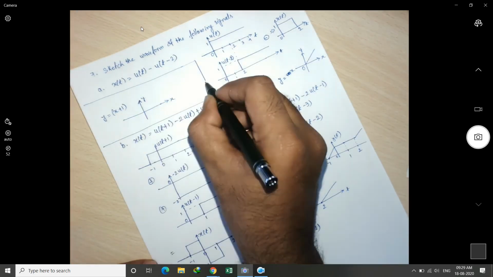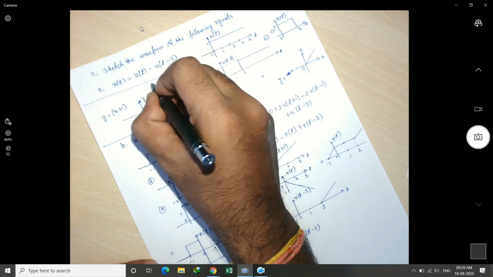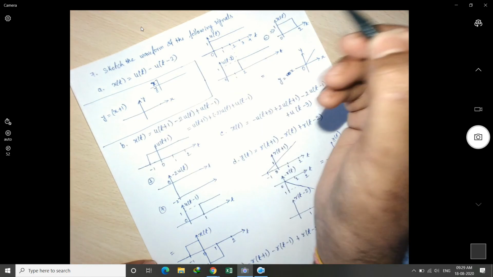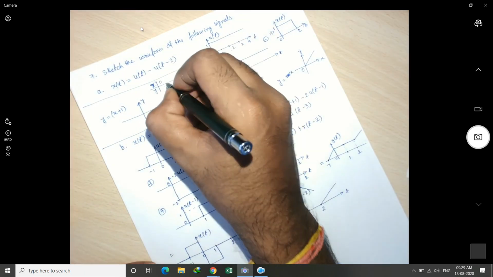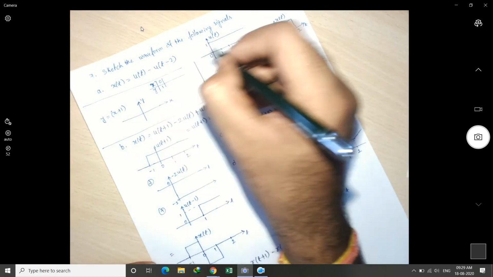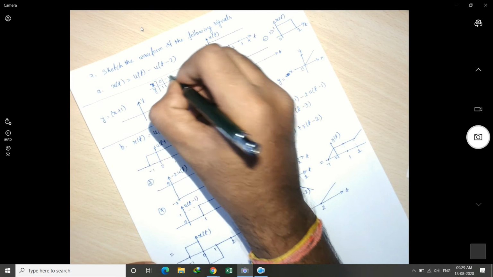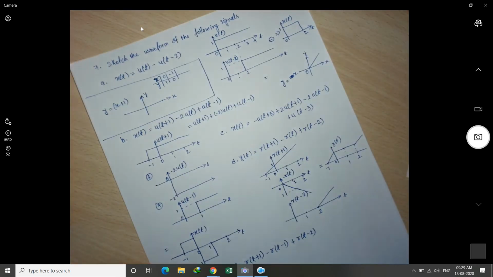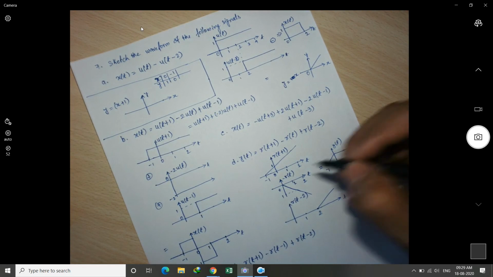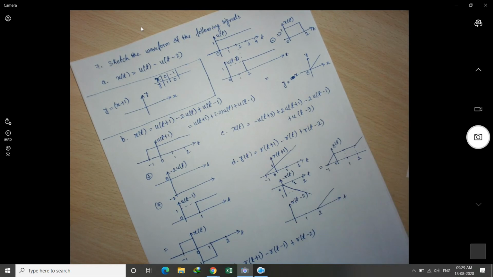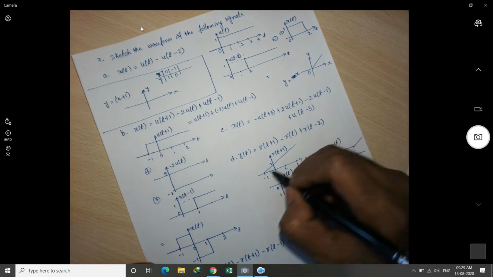If we take x equals 0, y equals 1, right? If we take x equals minus 1, y equals 0. So if we plot like this, at 0 y is 1, at minus 1 y is 0. This plot is right.